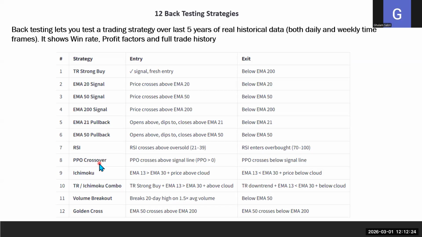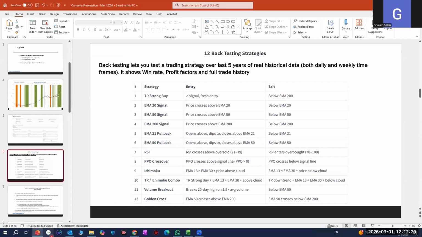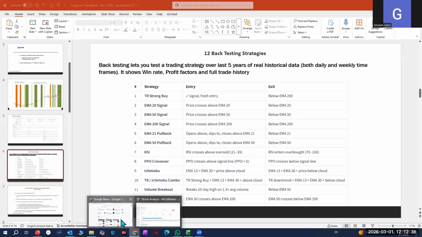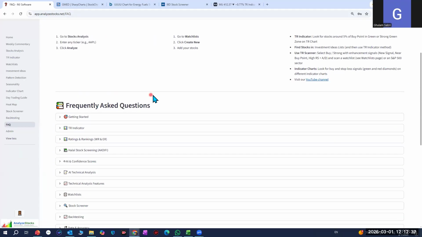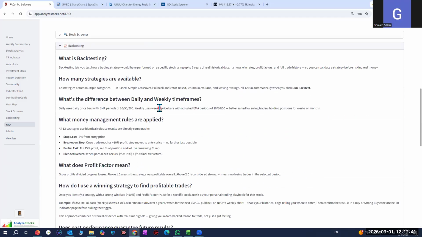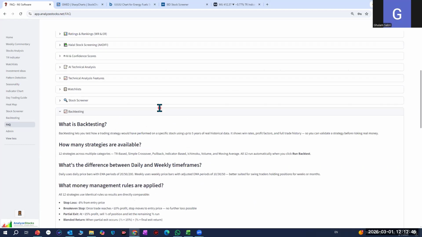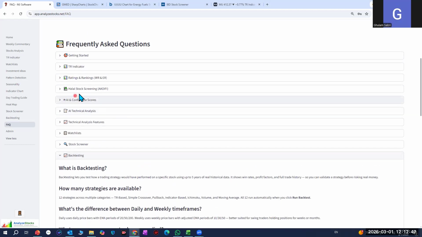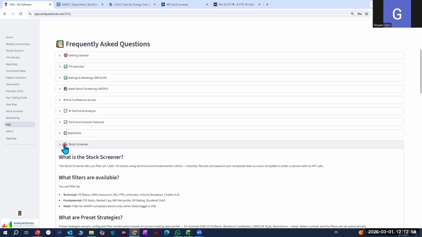As I said, if you go to the app itself, not the website, right here we have a separate FAQ section. In the FAQ section, there are the details of all the strategies in this backtesting, what these strategies are, and over here as well, and in this section, and a screener section as well.